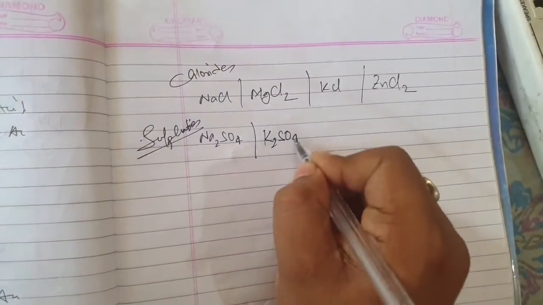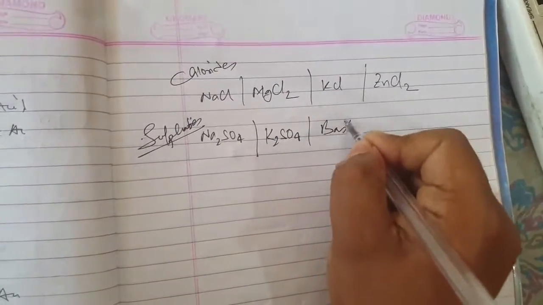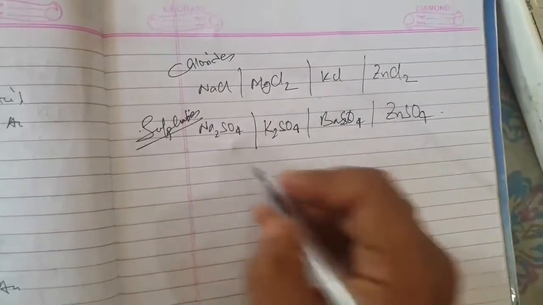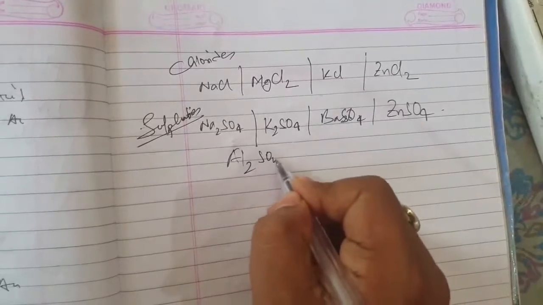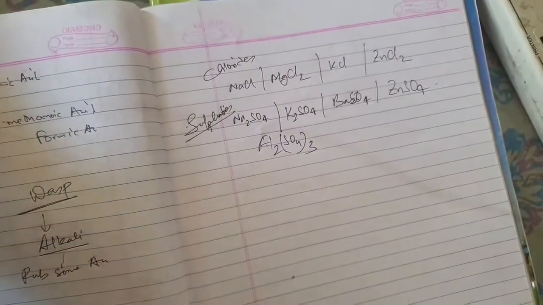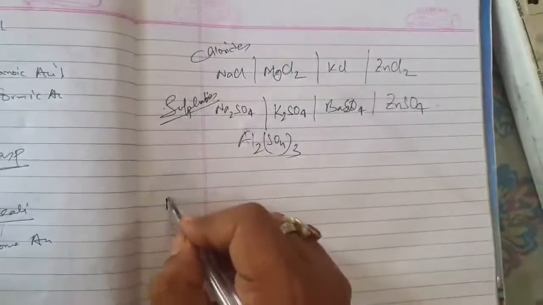K2SO4, BaSO4, ZnSO4, all these things. Al2(SO4)3. There are sulfates, then there are nitrates, carbonates, acetates.